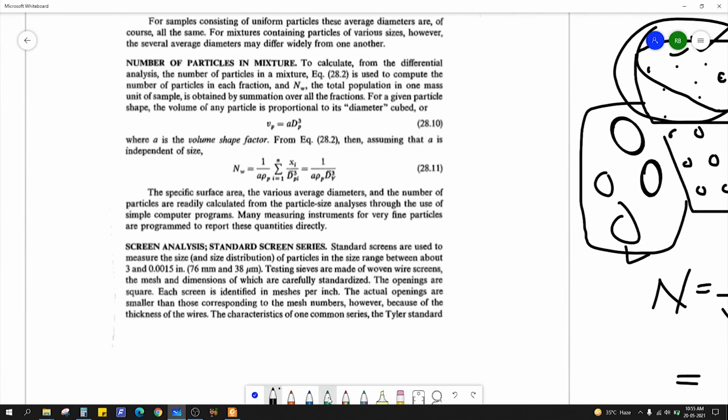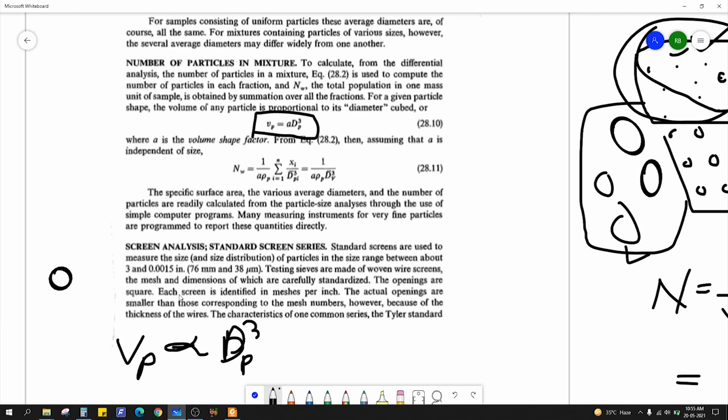Now you can express the volume of a particle as directly proportional to the cube of the diameter of the particle. We are talking about a single particle.